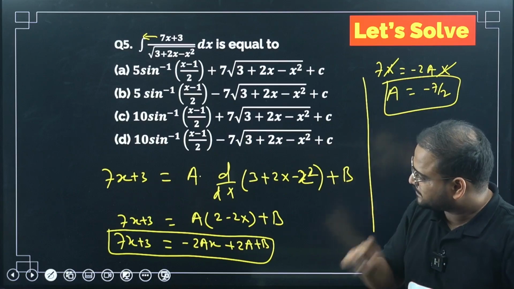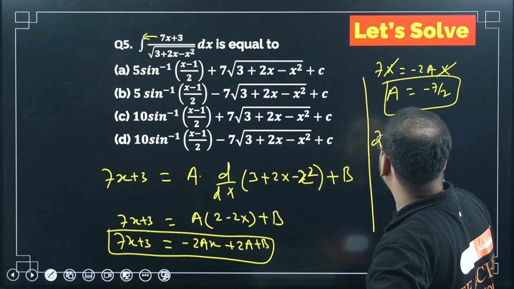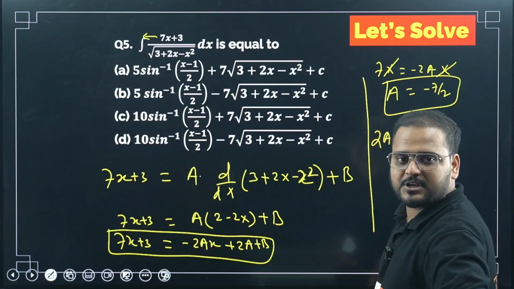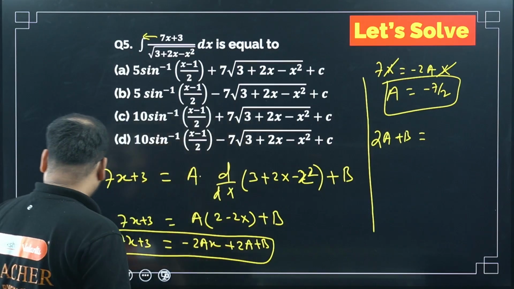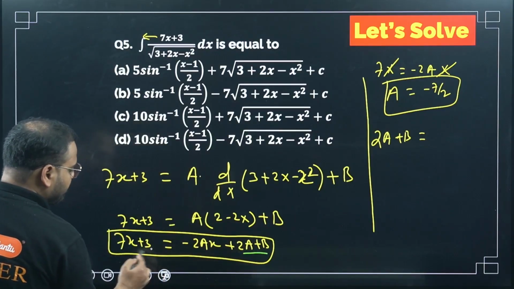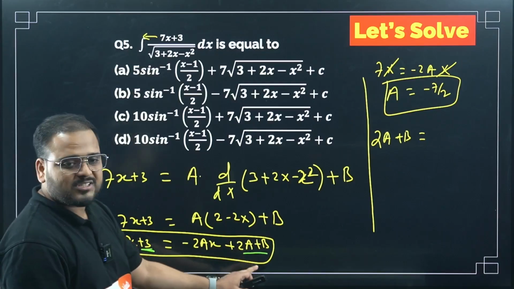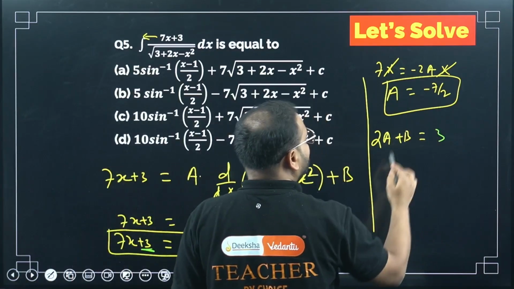Now put this in 2a plus b. 2a plus b is equal to what? Have a look, no problem, no hurry. 2a plus b is the constant term, equal to 3. So I'll write here 3. I know the a value.